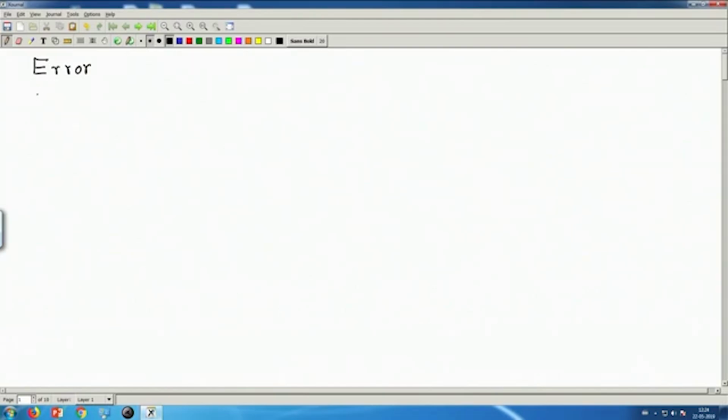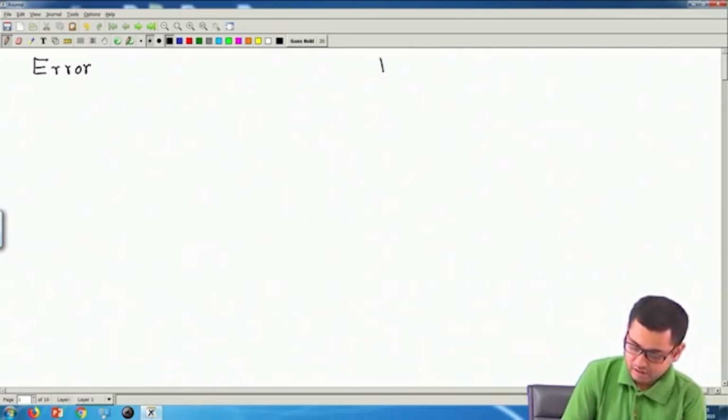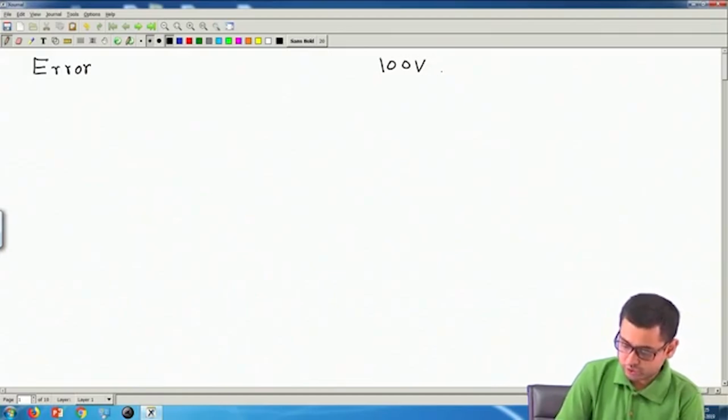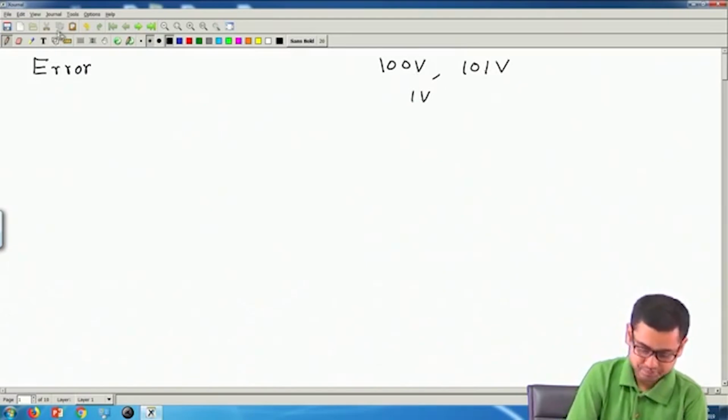If I'm measuring a quantity, say a voltage whose true value is 100 volt, but my meter shows it to be 101 volt, then we can say that this 101 minus 100, this 1 volt, is the error, if this is the true value and this is what the meter shows.